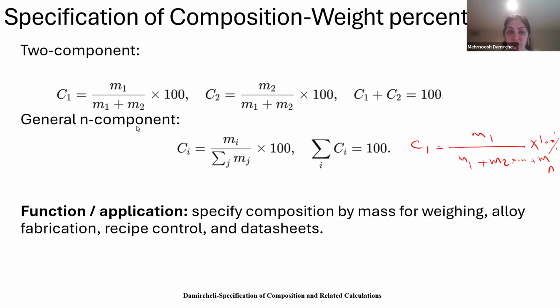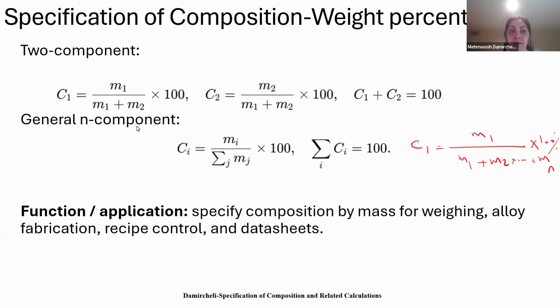What are the applications or functions of weight percent? It specifies compositions by mass for weighing, alloy fabrication, recipe control, and data sheets. If you look at additive manufacturing, in all of that we have the weight percent, for example, how much percent of A, how much percent of B or C.